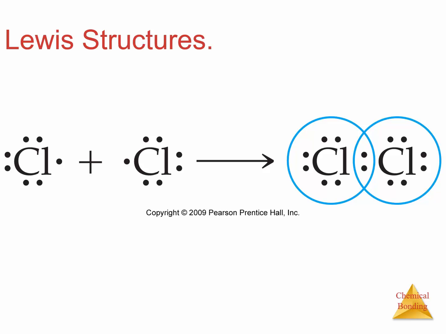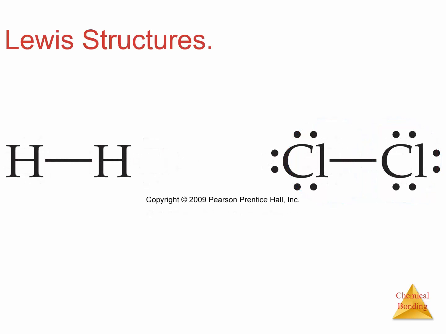The structures shown here for H2 and Cl2 are called Lewis structures or Lewis electron dot structures. In writing Lewis structures, we usually show each shared electron pair as a line, and any unshared electron pairs as dots. So we have shared electrons and unshared electrons, as you can see here.